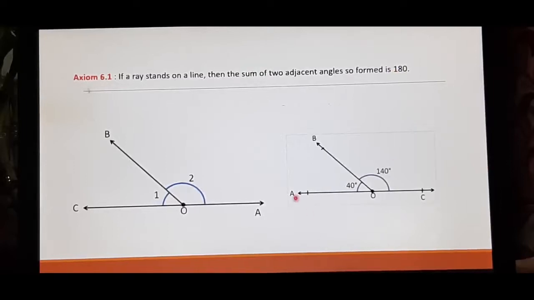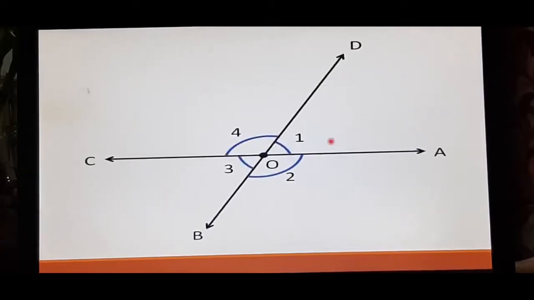You can see also I have line AOC and OB is the ray. So I have taken the value of angle 1 as 40 and angle 2 is 140 degrees. Now you can see on adding we get 180 degrees. So this is how we can use this axiom while solving the questions. So here also you can see this is one line AC.